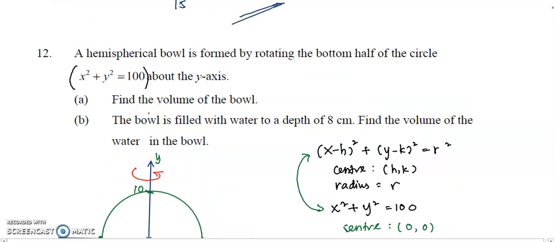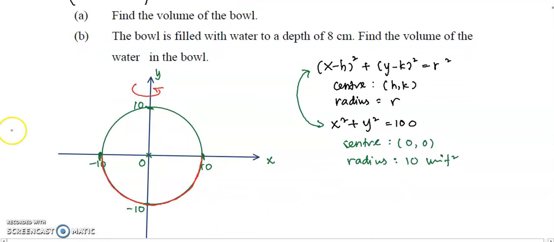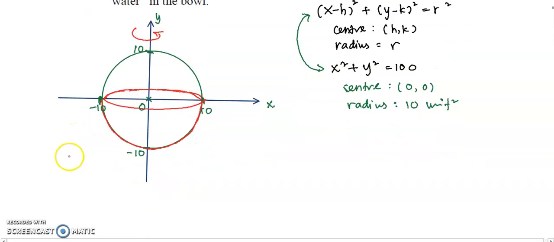So we just focus on the red line and ignore the green line. This becomes a bowl. It forms a solid in the bowl shape.